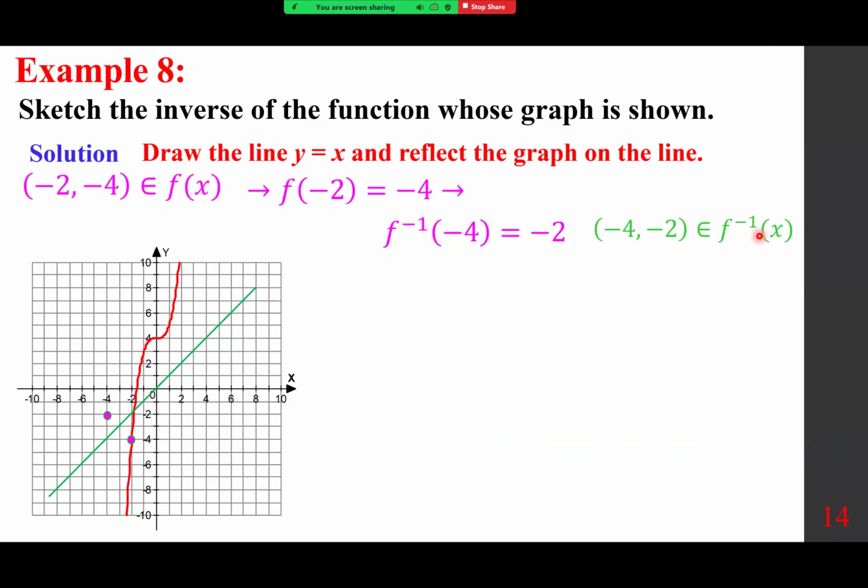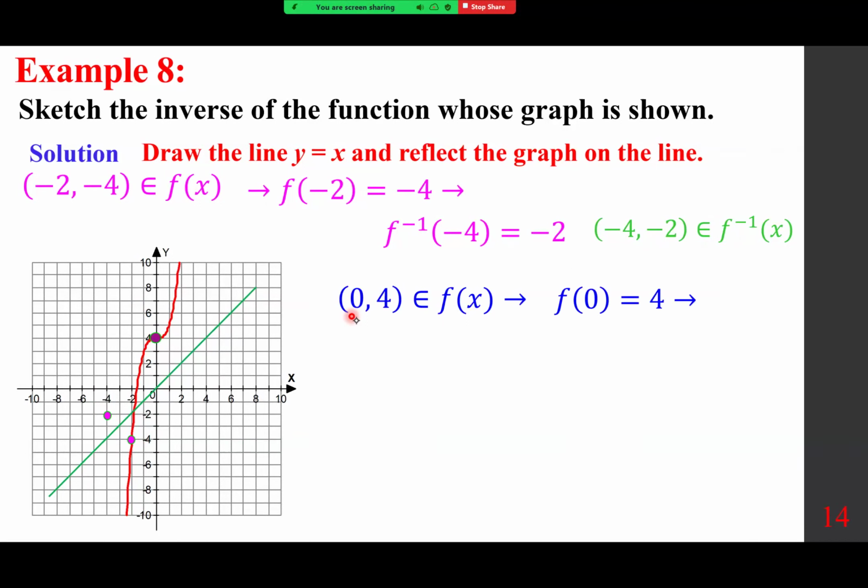So this, by the way, is (-4, -2). So we are going to locate (-4, -2) for the graph of the inverse function. Let's pick another easy one for the red one first. This point seems to have the coordinates (0, 4). So (0, 4) belongs to f of x, meaning f of 0 must be 4, and therefore (4, 0) belongs to f inverse.